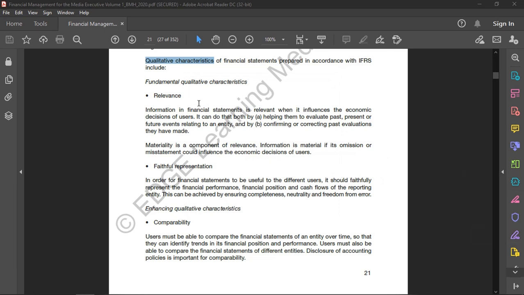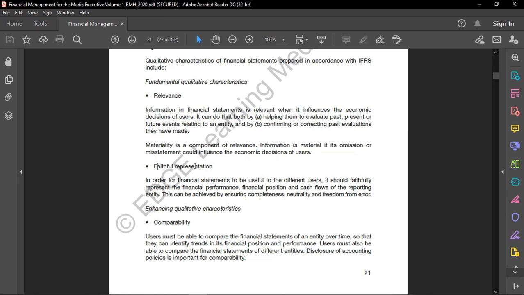There are some other qualitative characteristics as well that we need to have a look at. Faithful representation is looking at the accuracy, the reliability of that information. How accurate, how truthful and honest is that information. Obviously, we want accounting records that are honest, that are true, that are correct.